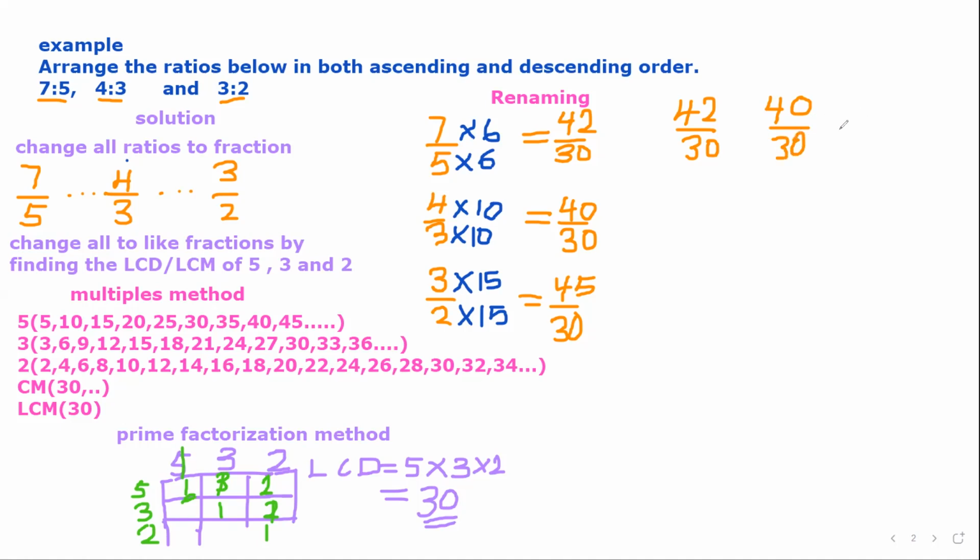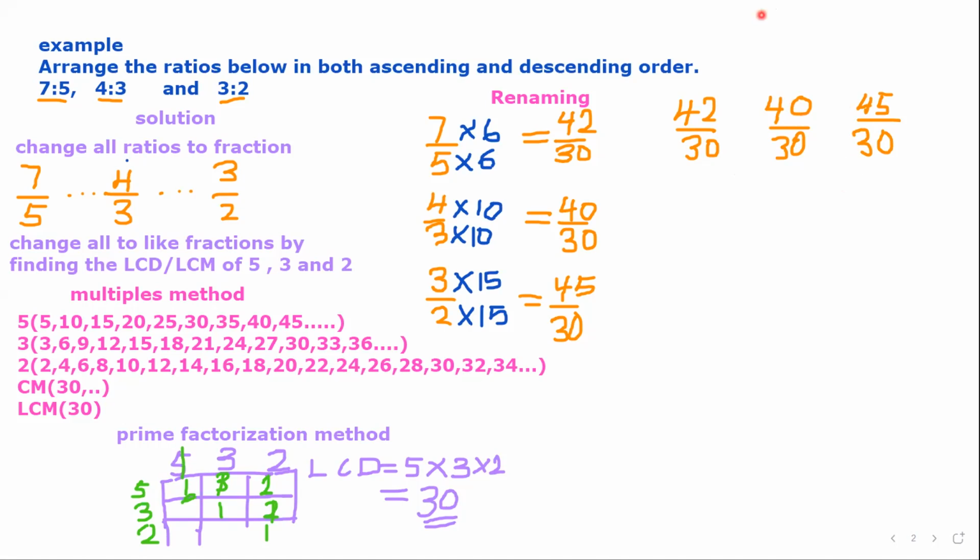And then we have the biggest one, 45 out of 30. Now I'm going to do the comparisons here. Since they all have the same denominator, 30, you consider the numerators. The one having the bigger number is greater.